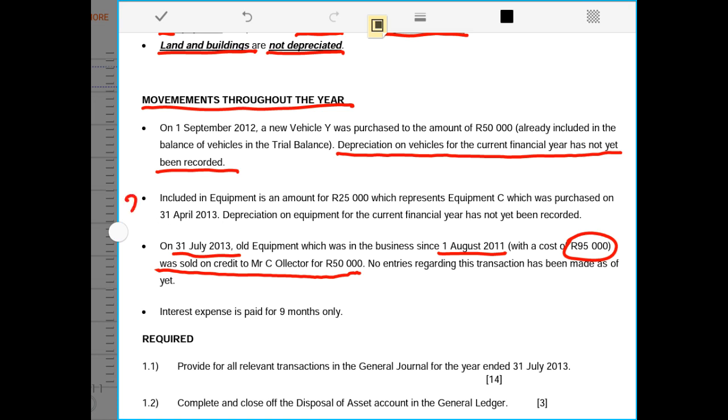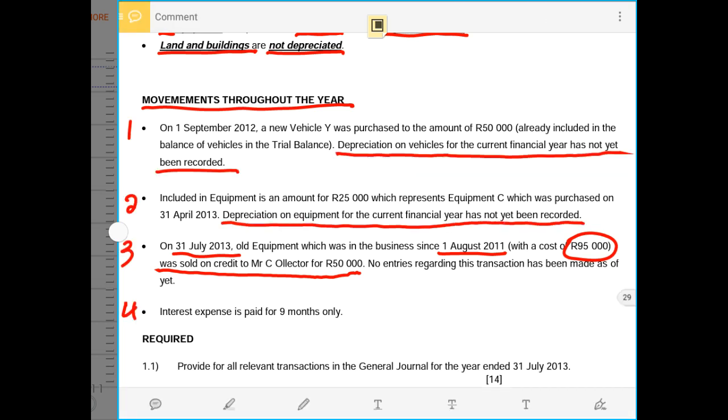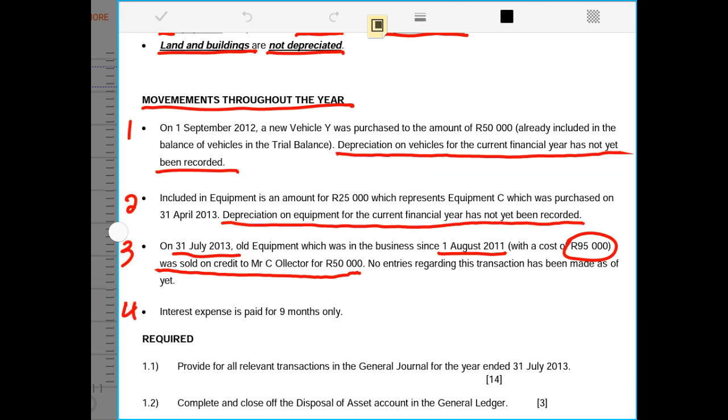Second dot, if I can number this, second sentence says depreciation on equipment for the current financial year has not yet been recorded. So now current year depreciation in the two was not yet accounted for. And again in the third bullet it says no interest regarding this transaction has been made as yet.